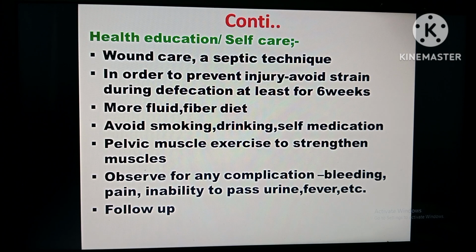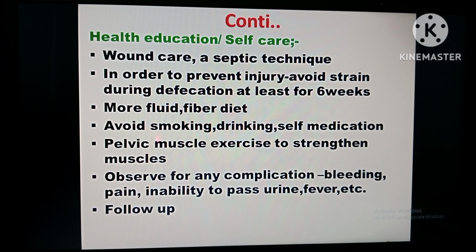The last part is usually a part of the nurse's responsibility. When the client is discharging or before discharging, it is a responsibility to educate the patient. That is especially wound care, aseptic technique, after the bath keep the part clean. In order to prevent injury, avoid straining during defecation, at least for 6 weeks. So have more fluids, a fiber diet, and especially avoid all kinds of bad habits like smoking, drinking, taking self-medication, and teach pelvic muscle exercises to strengthen the muscles.